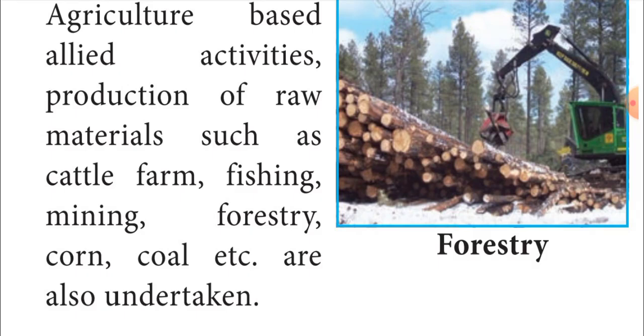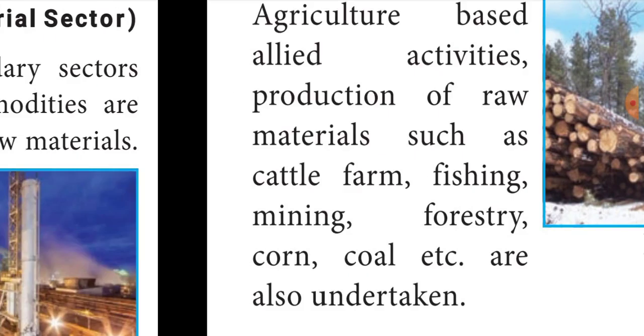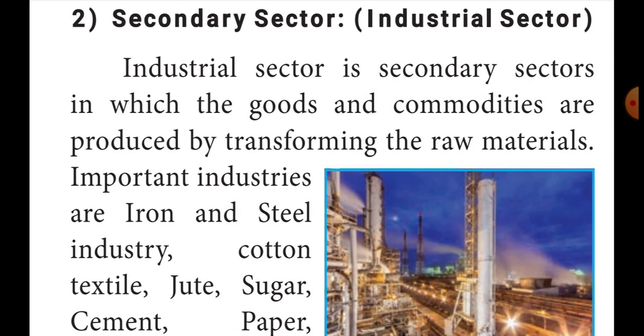Then the second one is the secondary sector. Industrial sector is known as secondary sector. The goods and commodities are produced by transforming the raw materials.